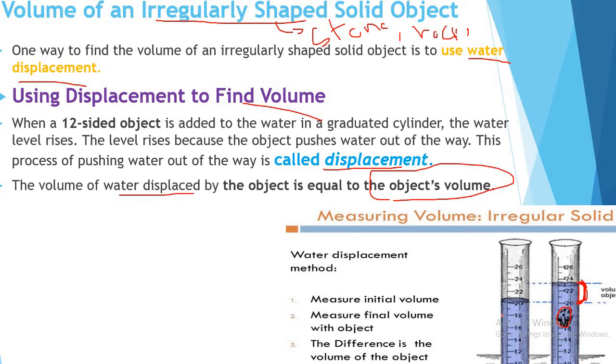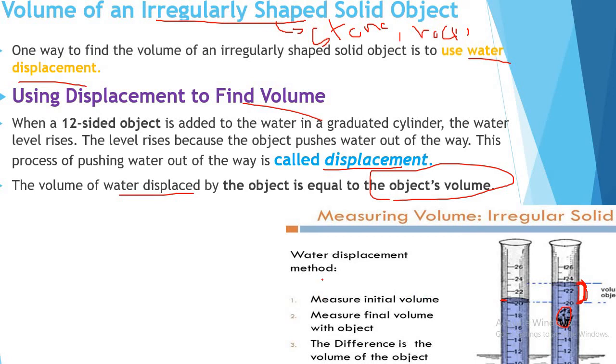The difference between the volume after we put in the stone minus the volume of liquid before is the volume of the object.